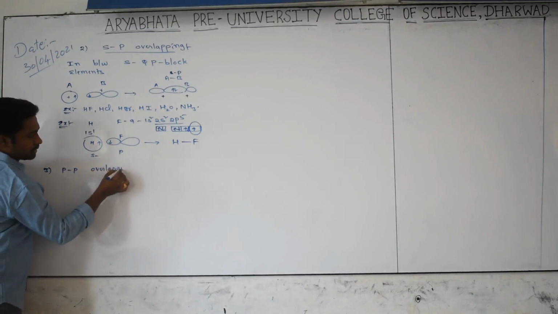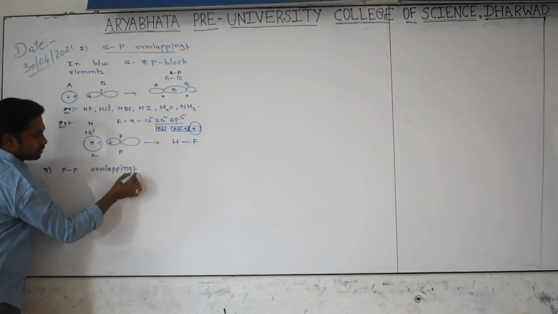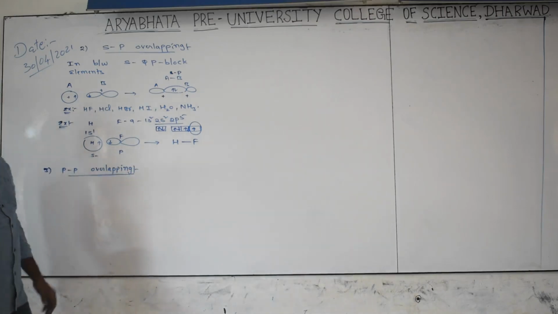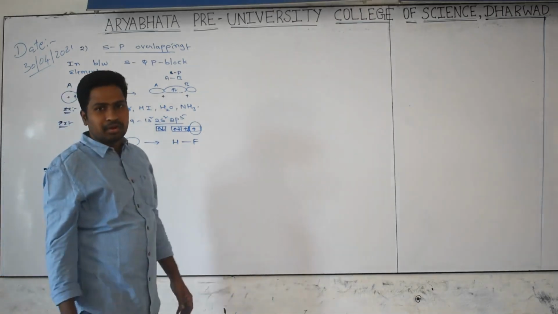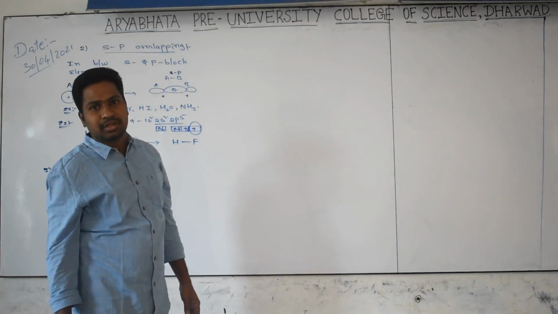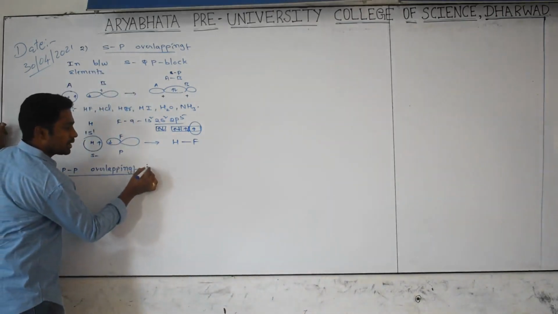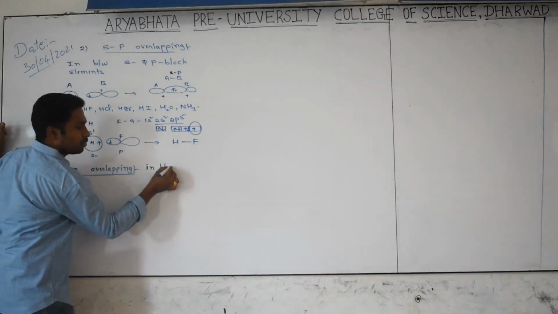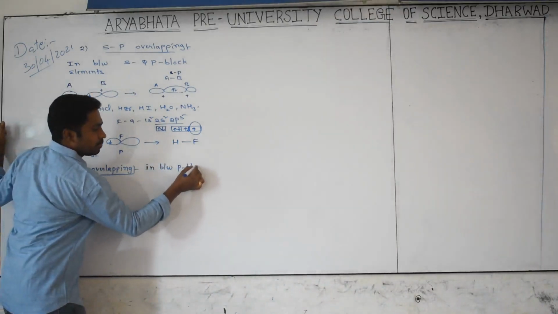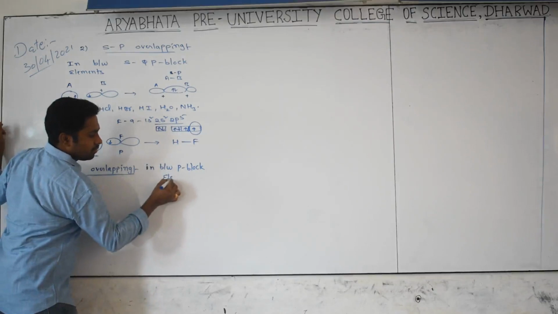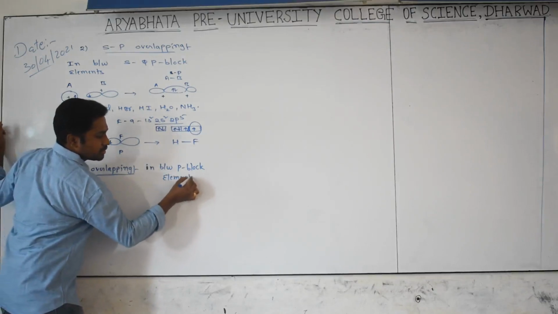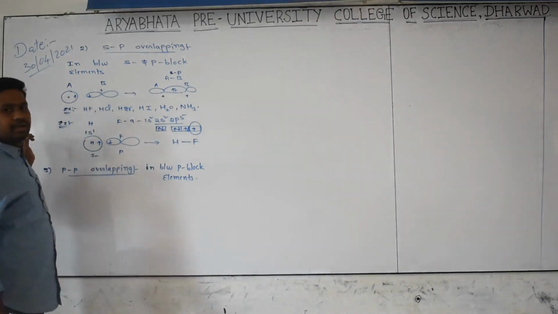PP overlapping. I think you can guess it. What is the meaning of PP overlapping? It is the intermixing of atomic orbitals of two atoms that are both p orbitals. That means the overlapping always happens between p block elements. Why? Because a p block element is one whose last electron enters into the p orbital.